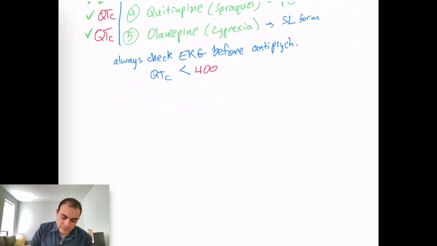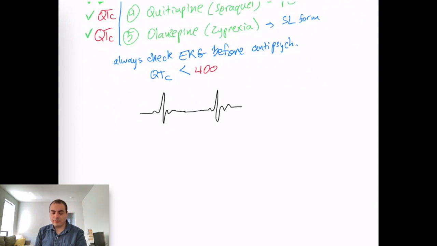Now I have a trick for you guys. So let's say this is the EKG. And this is kind of the two R waves. The trick is the following: this is the R wave and this is the other R wave. So this is the distance between the two R waves.